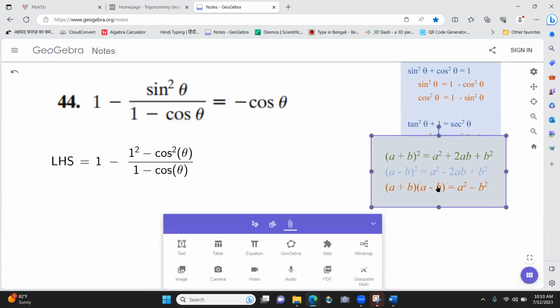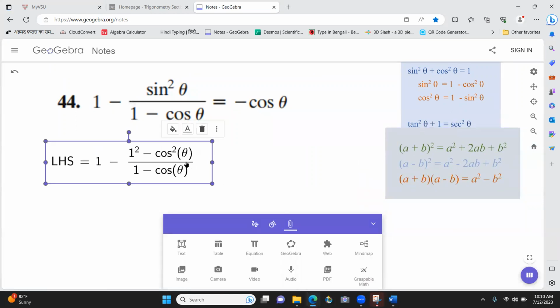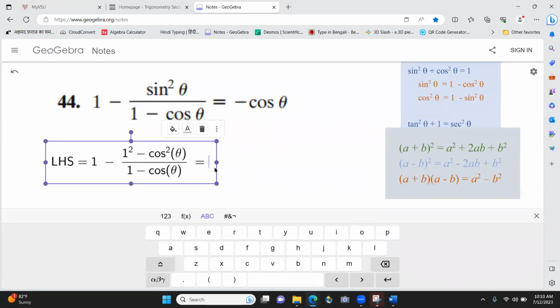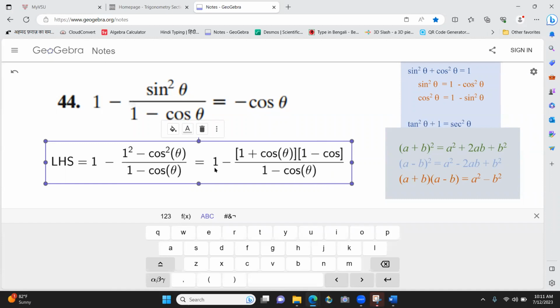Now I can use this orange formula here, okay? The orange formula. And I can write this guy, 1 minus, on top, I'm going to get 1 minus cosine squared theta. 1 squared minus cosine squared theta is 1 plus cosine theta and 1 minus cosine theta.